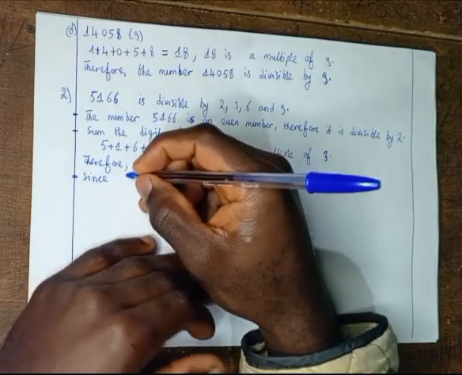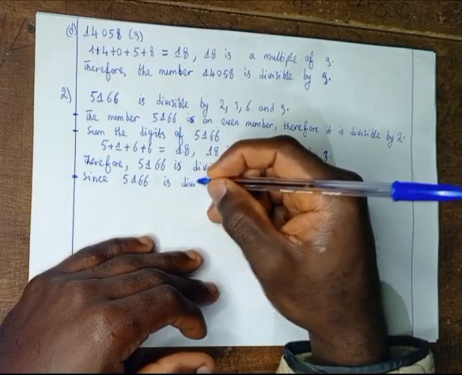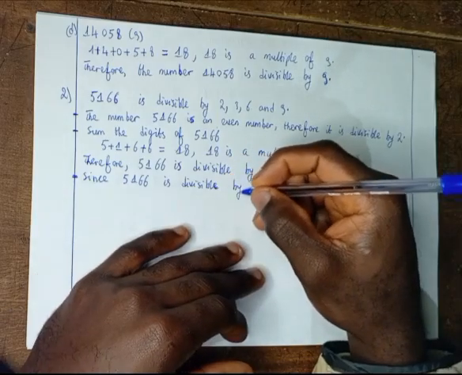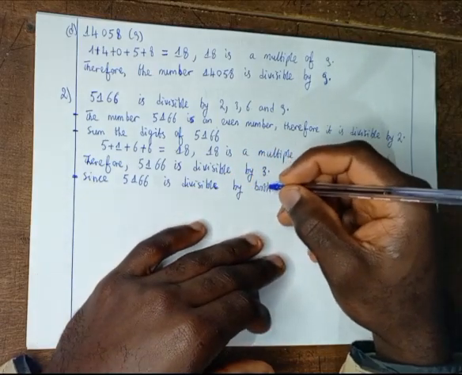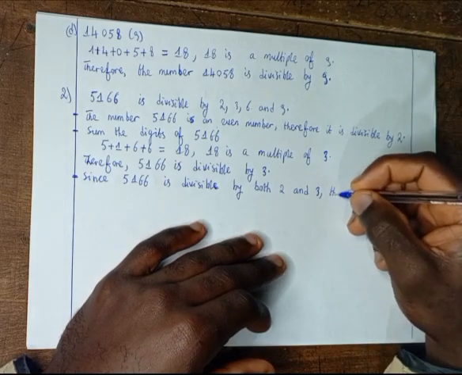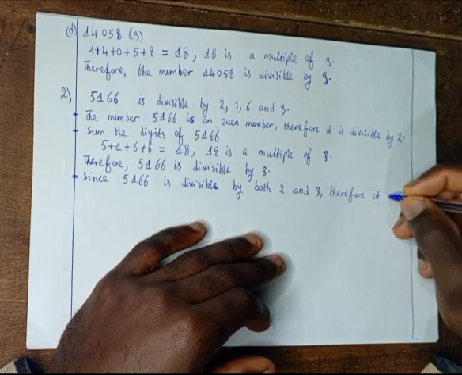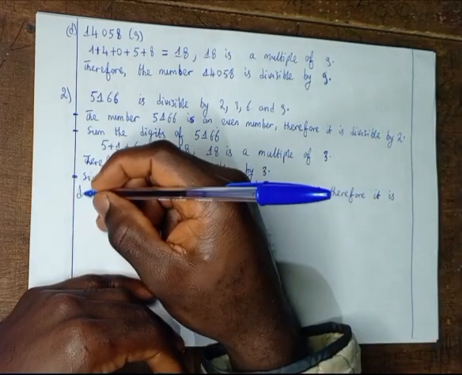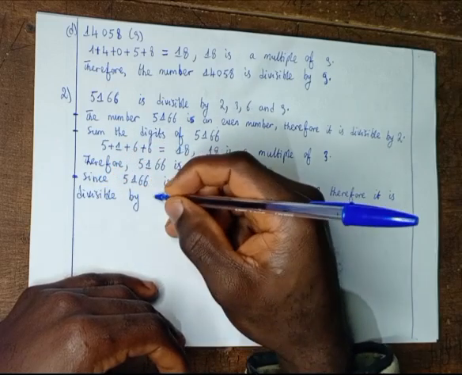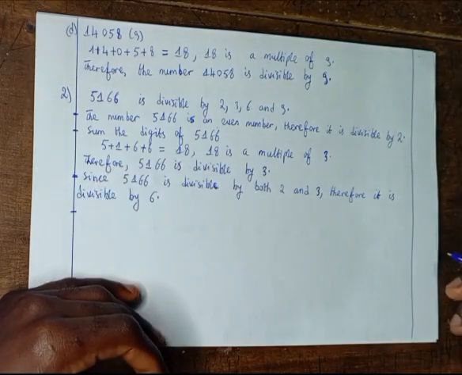Since 5,166 is divisible by both 2 and 3, therefore it is divisible by 6.